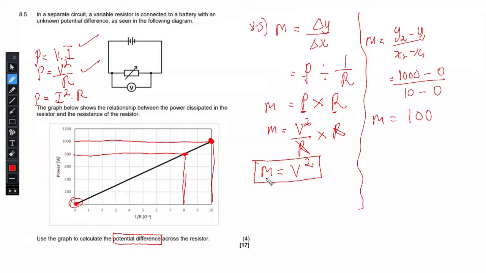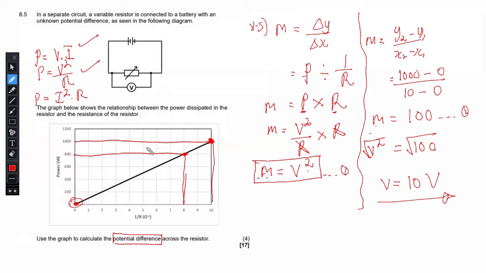But note that I said that the gradient is the same as having v squared. So now allow me to say v squared is equal to 100. Because if this is equation 2 and this is equation 1, they are both equal to m, so I can equate them. Now to find the potential difference, I need to square root both sides. The v is now equal to 10 volts. That's how you were supposed to solve that question for 4 marks.